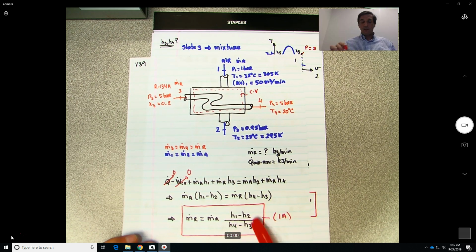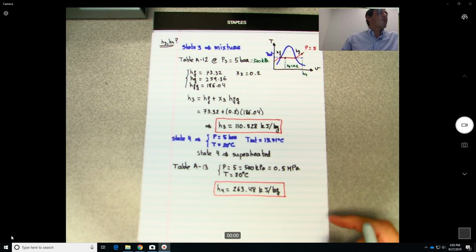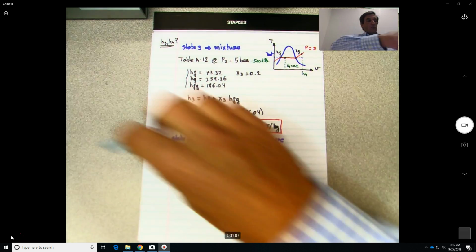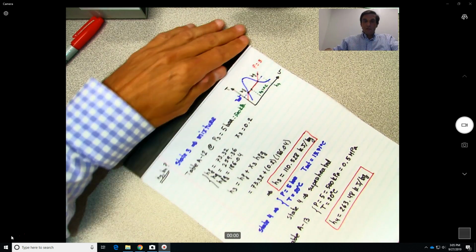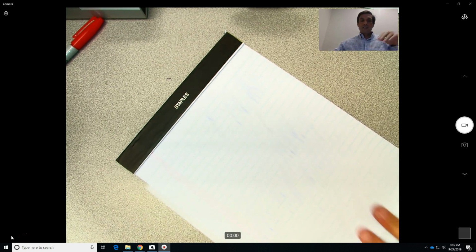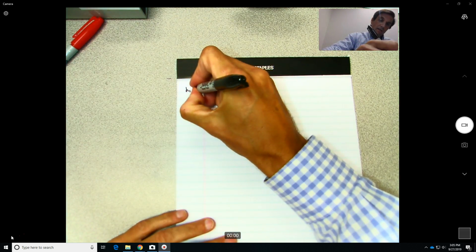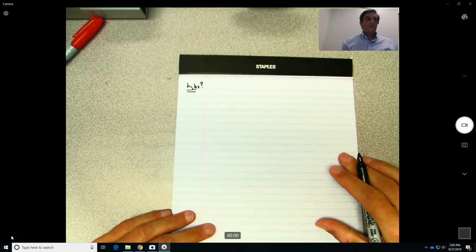So we need to look at what is H1 and H2, and then we can figure that out. So now let's go to the next page. We're going to find H1 and H2. So there's two ways to do it.